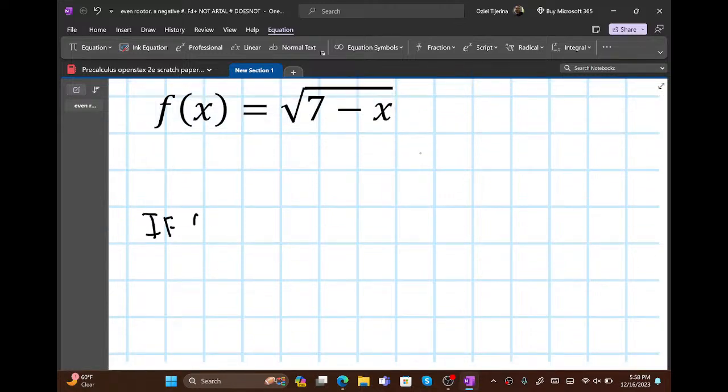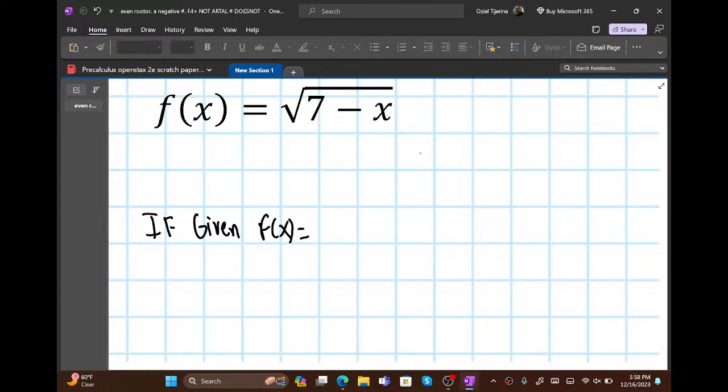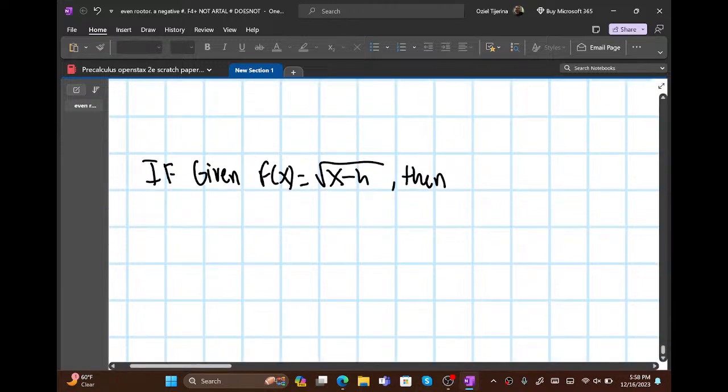If given f of x is equal to the square root of x minus h, then the domain is going to be all real numbers such that x minus h under the square root is greater than or equal to 0.